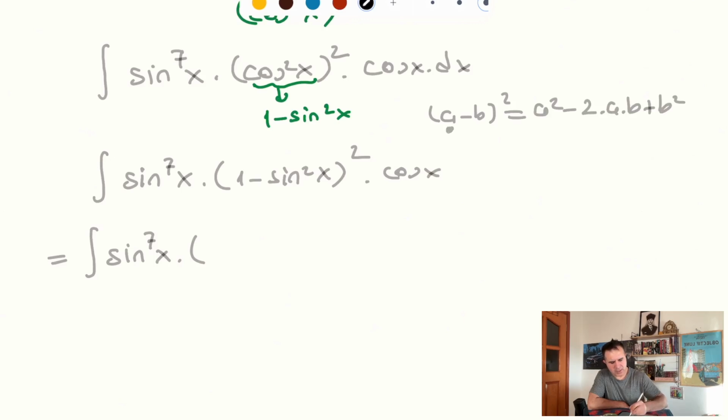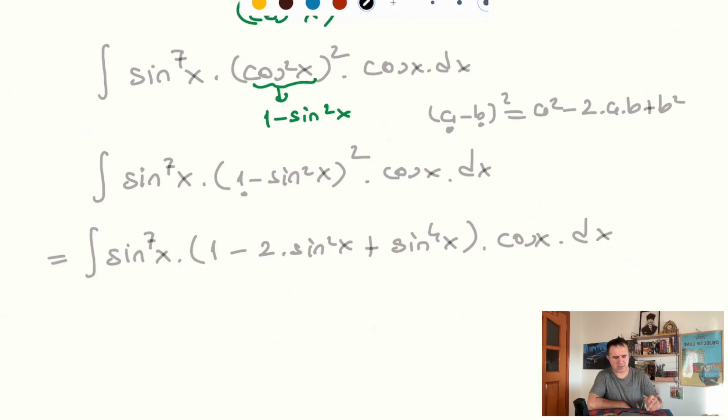Here we have 1 for a, and sine square of x for b. Then the square is 1 minus 2 times 1 times sine square of x plus sine to the power of 4x, times cosine x dx.